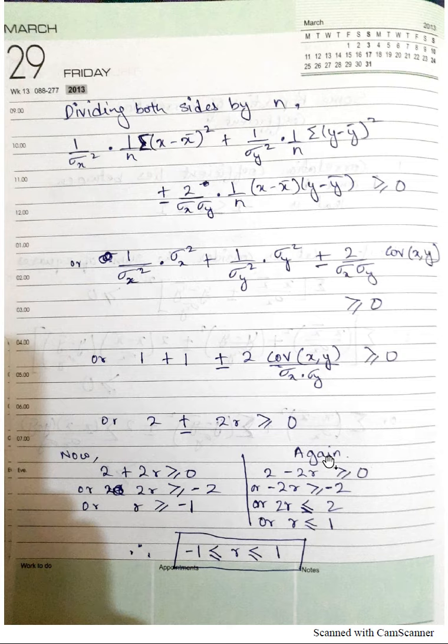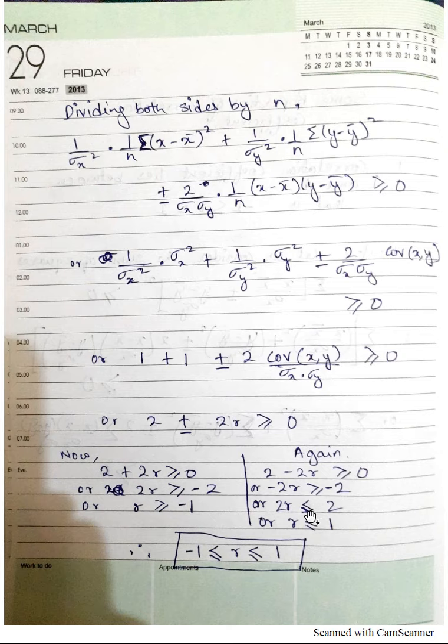Now we again take the negative sign: 2 minus 2r is greater than or equal to 0, or minus 2r is greater than or equal to minus 2, we take this to the other side. Now when we multiply both sides by minus, we will have to interchange this sign from greater than or equal to, to less than or equal to.